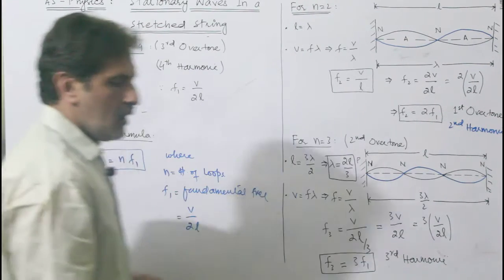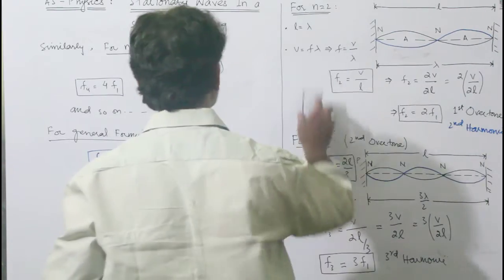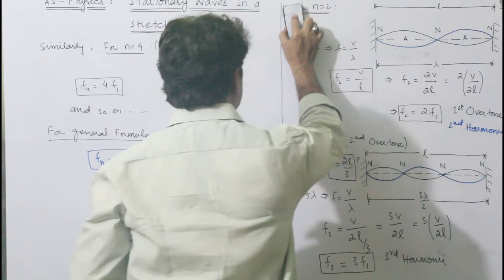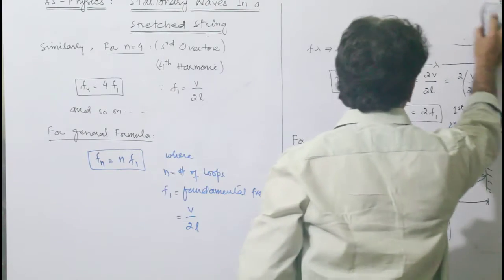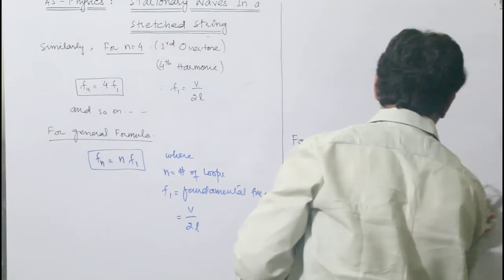Okay, students? Now we'll discuss about the relation between the number of loops and the frequency and the wavelength of the waves.